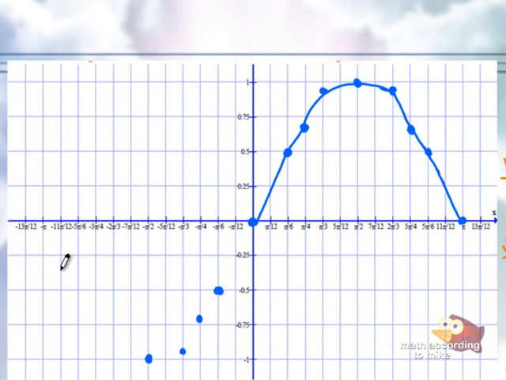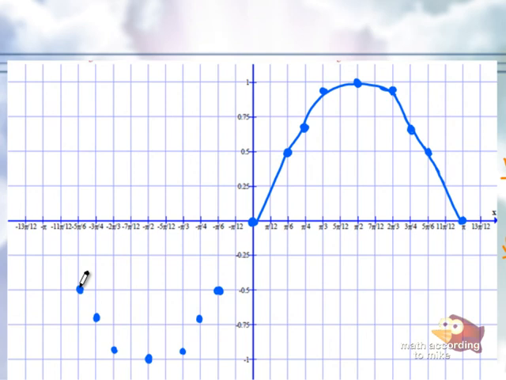Now we're going to go back up the ladder. So at negative 2 pi over 3, we should get negative 0.9. Negative 3 pi over 4, we should get negative 0.7. Negative 5 pi over 6, we should get negative 1/2.